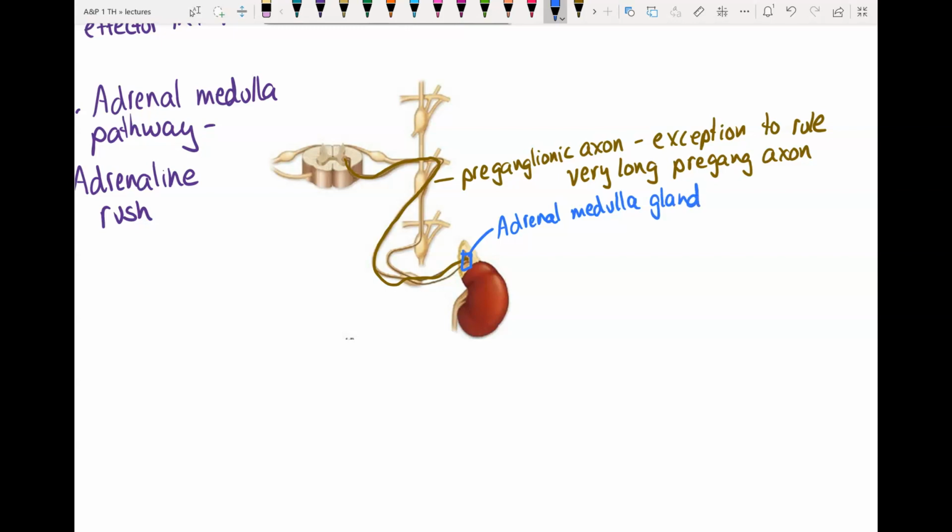Now, glands secrete hormones into the blood. This is a special type of gland. The adrenal medulla gland is a neuroendocrine gland. So endocrine refers to hormones, and hormones are secreted into blood. And neuro refers to nervous tissue, neurons.